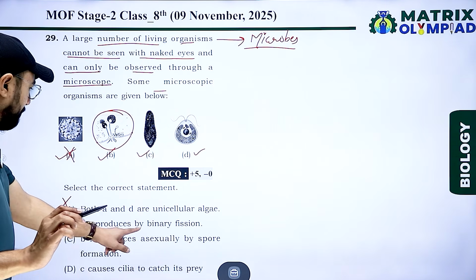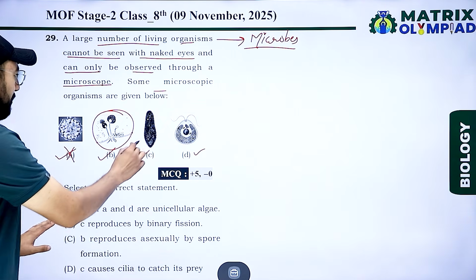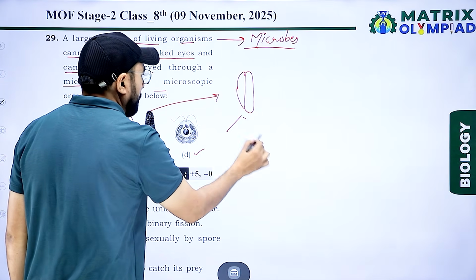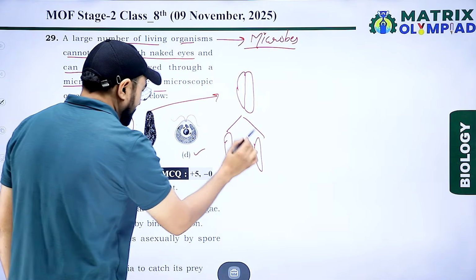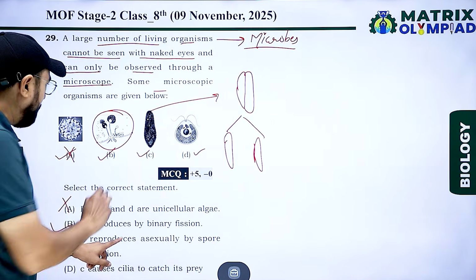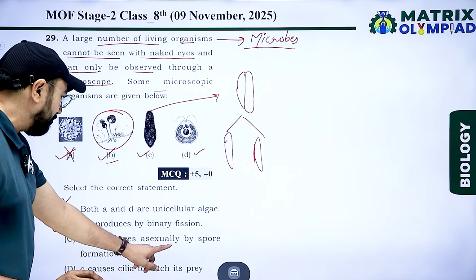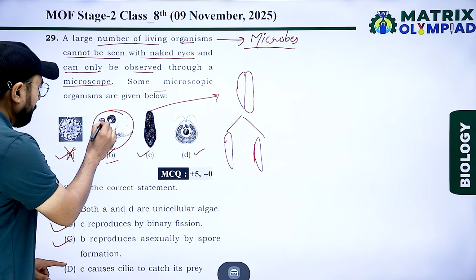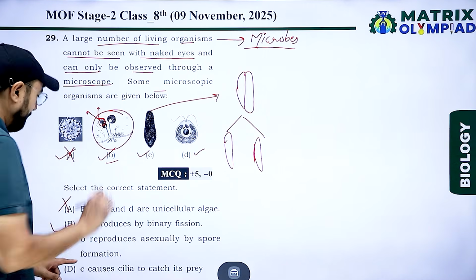C reproduces by binary fission. This statement is right. B reproduces asexually by spore formation, right. Spore formation for new progeny.